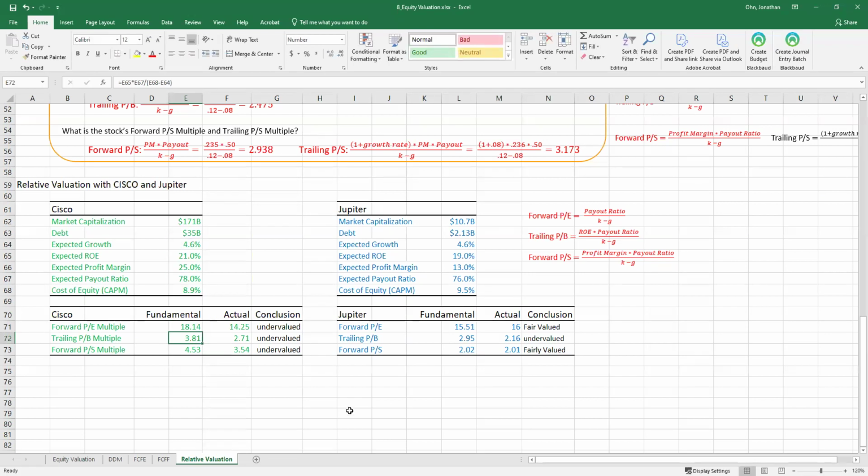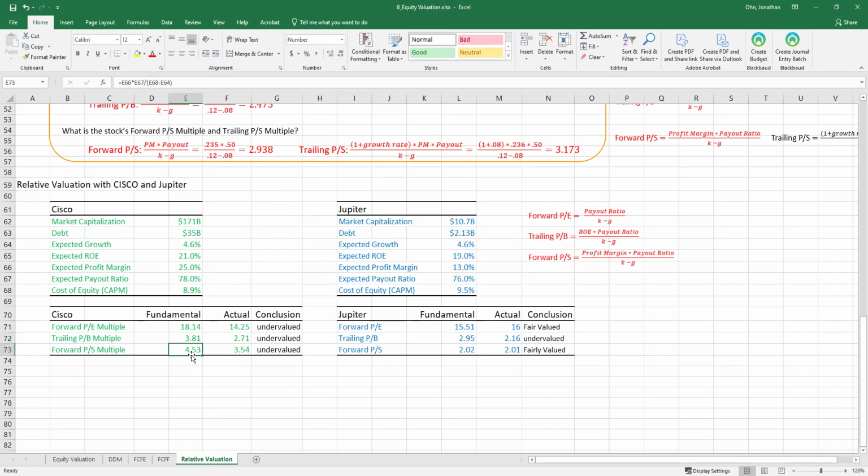That is how you calculate the theoretical fundamental P/E multiple. That's 18.14. And then the trailing P/B, the same way. The same way for P/S, as I told you here. I already calculated that.